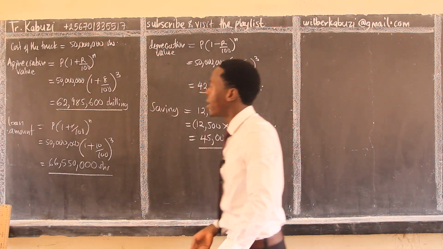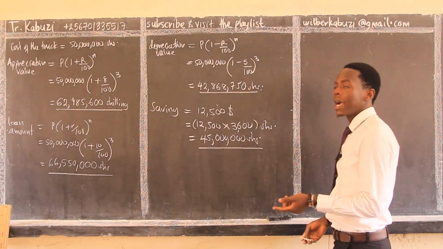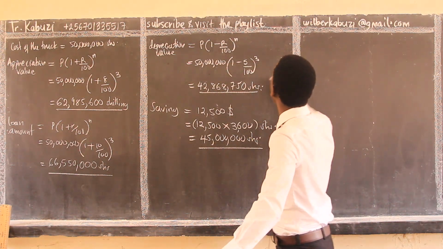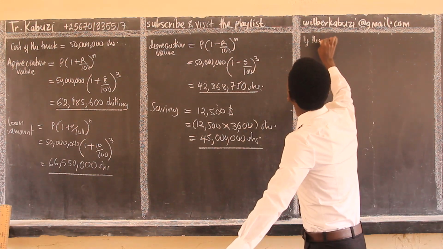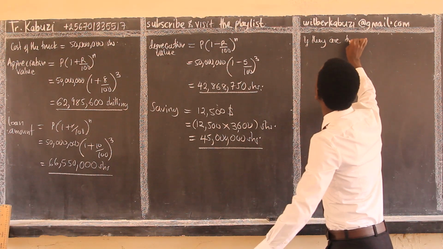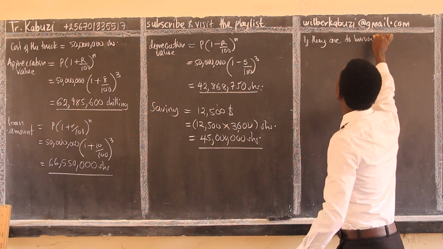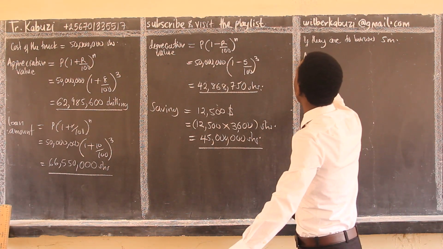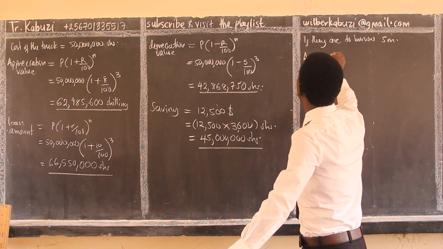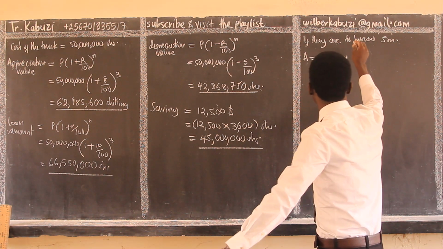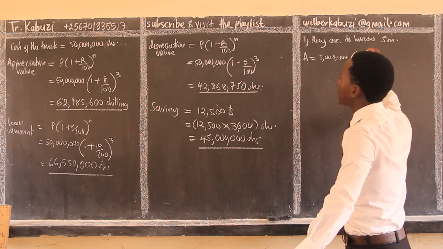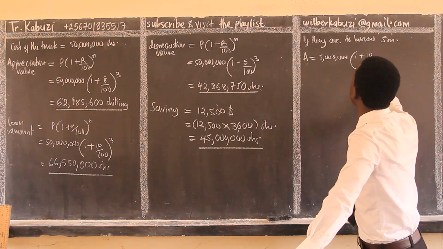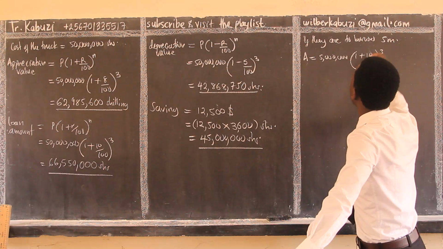So you can calculate now the amount they will pay to the bank again if they are to borrow 5M. What will be the amount? Our amount will be 5 million into 1 plus the rate, still at the same rate, power 3.